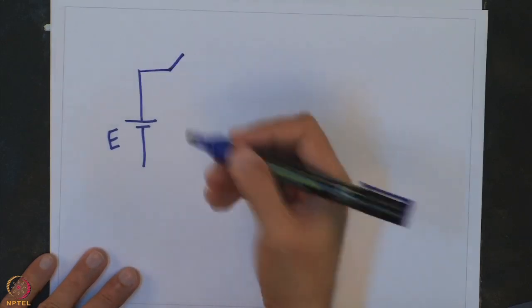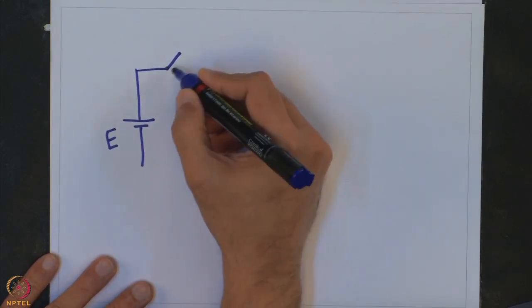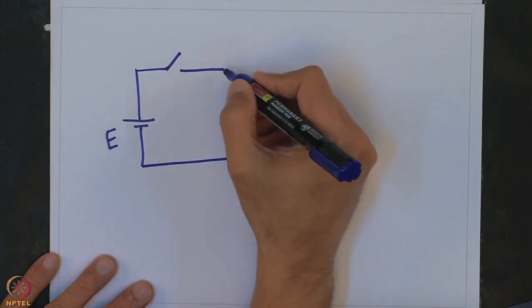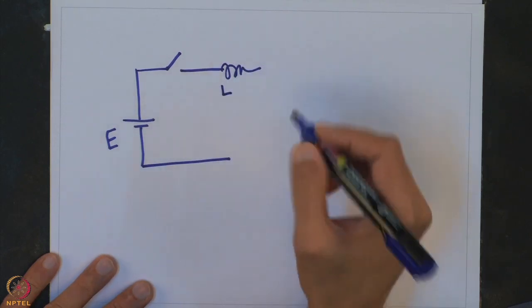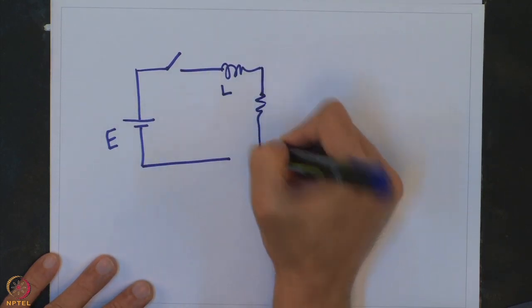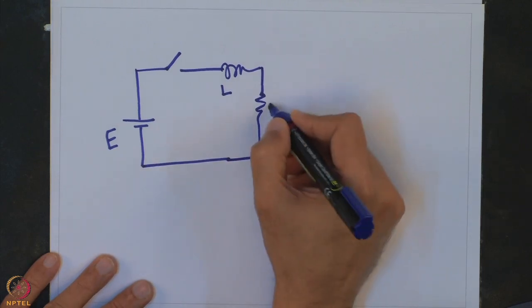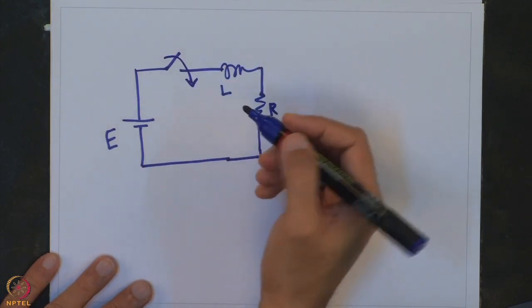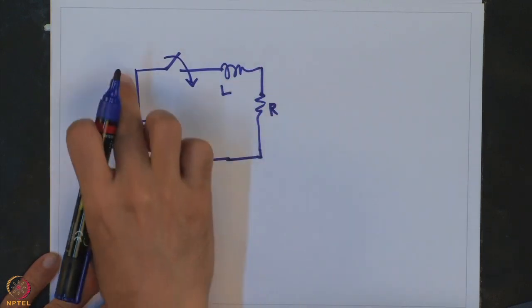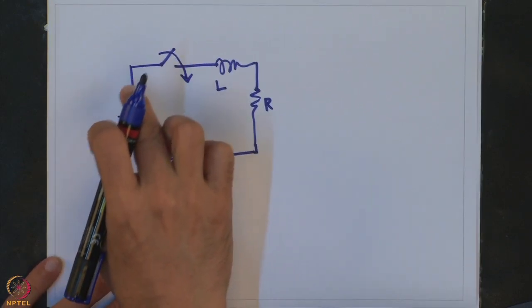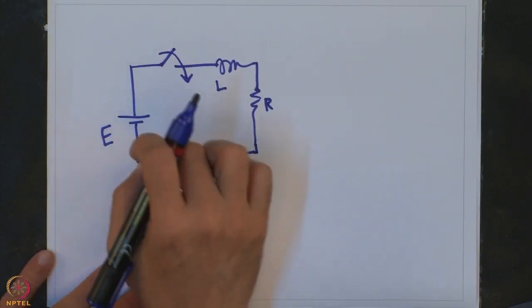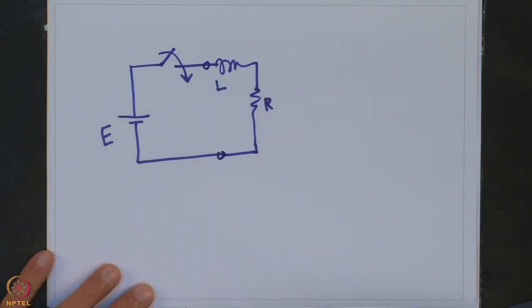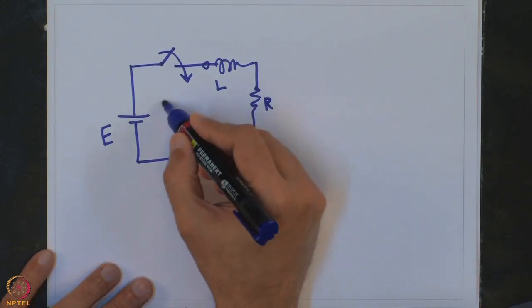Talking about switched circuits in power electronics, let me just bring in this switch here, and let us say there is an inductor L and a resistance R. Now, the moment this switch is closed, the applied source function E, which is in this case a battery E, gets applied to this network which consists of R and L, and it results in a certain current.